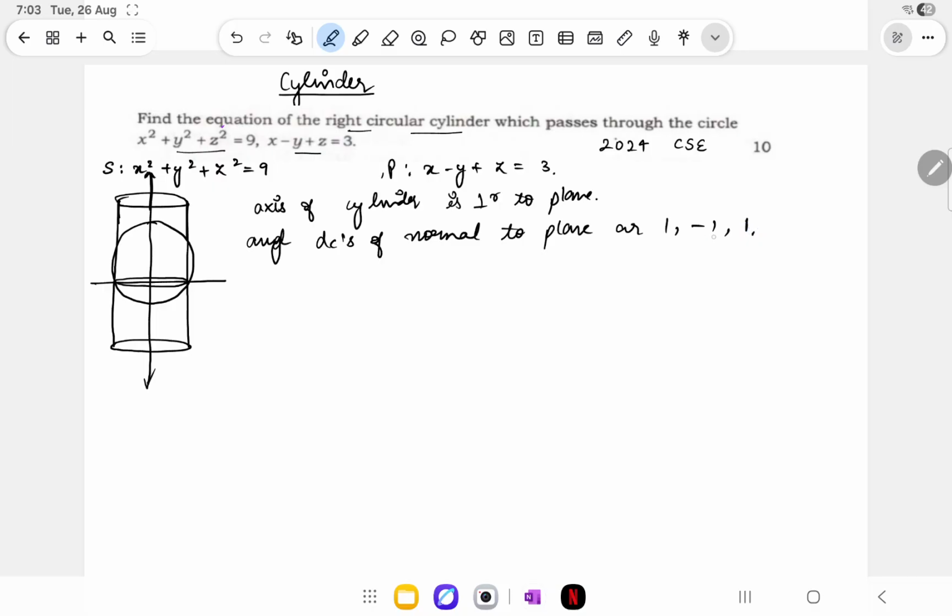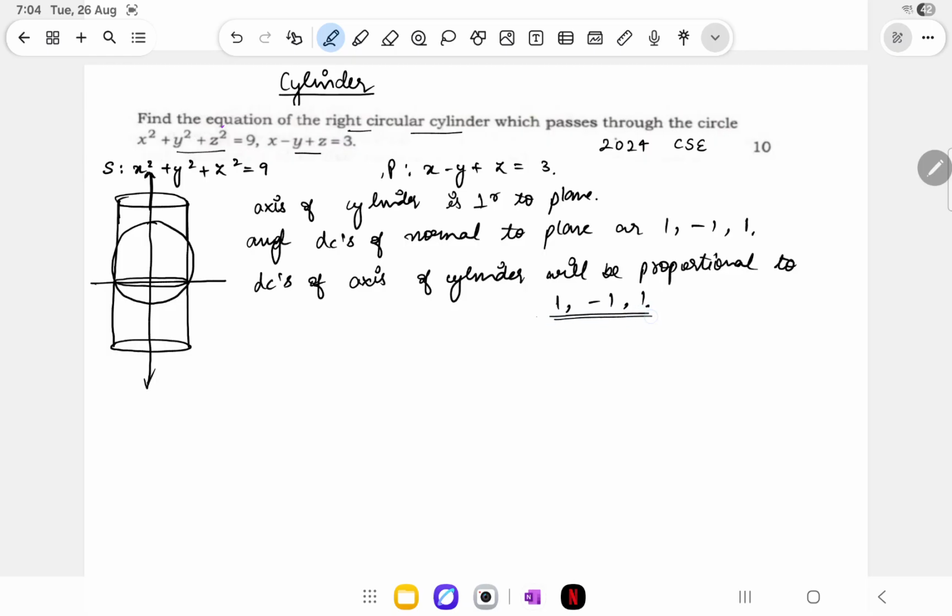So the direction cosines of the axis of the cylinder will be proportional to 1, minus 1, 1.